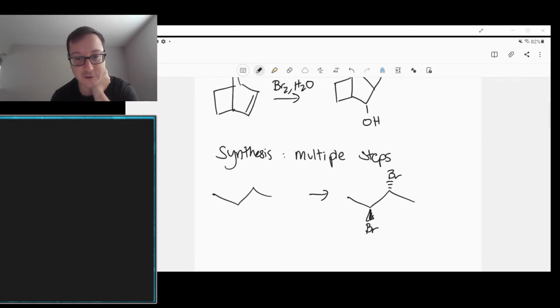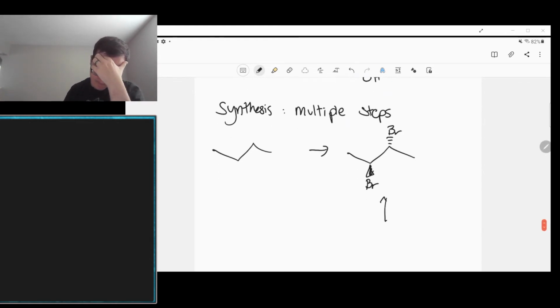So we have anti-halogens. It'll be a little bit easier. We know how to do anti-halogenation, right? Not anti as in the opposite of, but anti as in opposite sides, one up, one down.